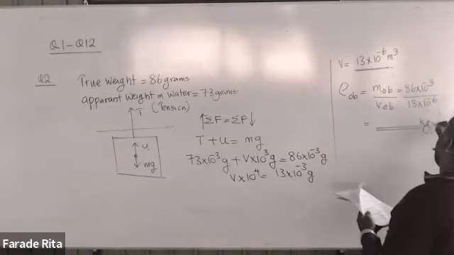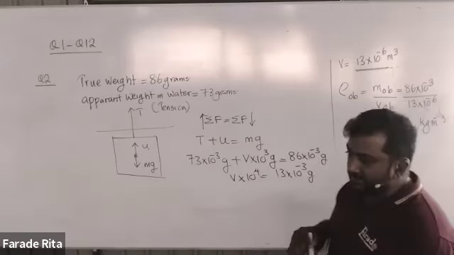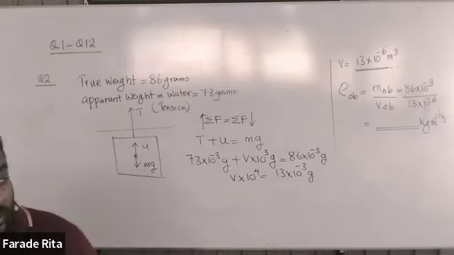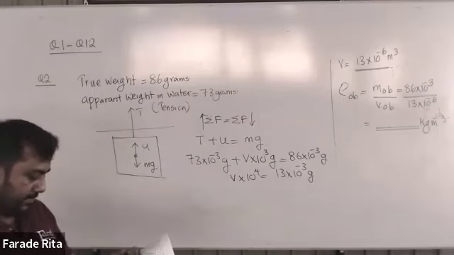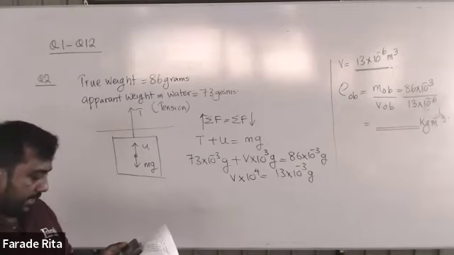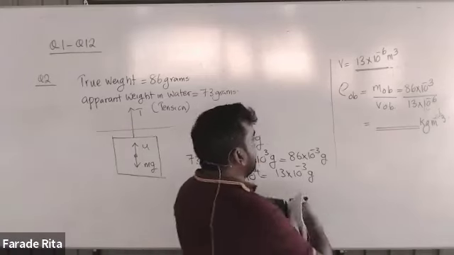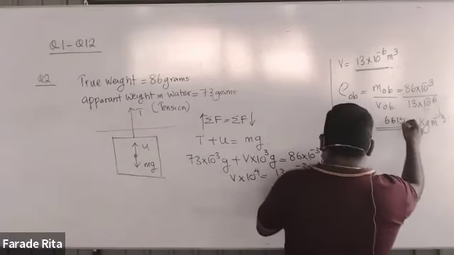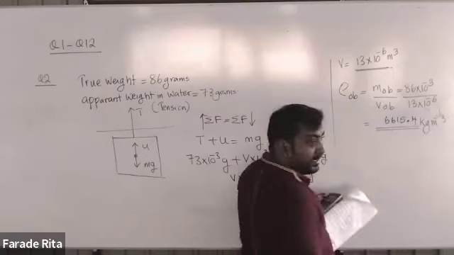Simplify this, you get the kilogram per meter cube answer. 86 times 10 to the power minus 3 divided by 13 times 10 to the power minus 6. How much? 6,615.4. Did you all get this?